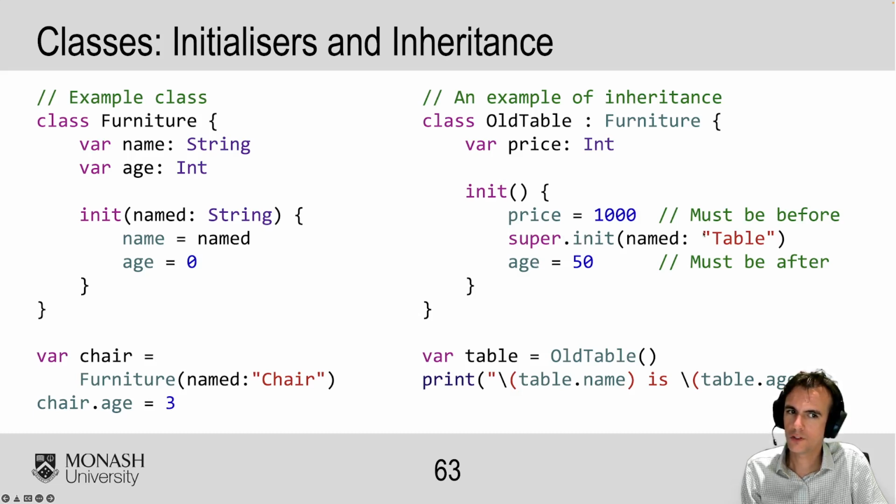And then once we've called it, we can then access the properties in here. So if you need to use the age property and you want to initialize it, you have to do it after the call to super. And then in here, we can create an instance of this and refer to the properties name and age. And the type of table here could either be old table or it could be furniture.